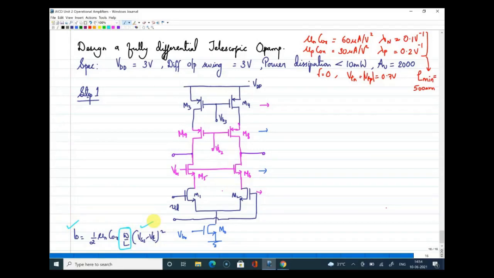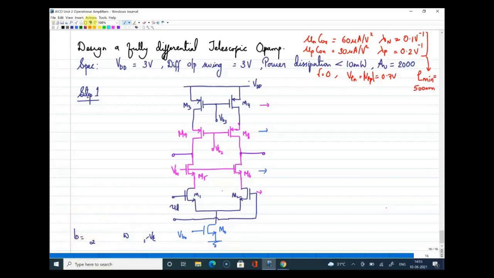In order to get the current and the overdrive voltage, we will start either from the slew rate specification or from the power dissipation specification, whichever is given. In this case, we will see how we can start from the slew rate specification.